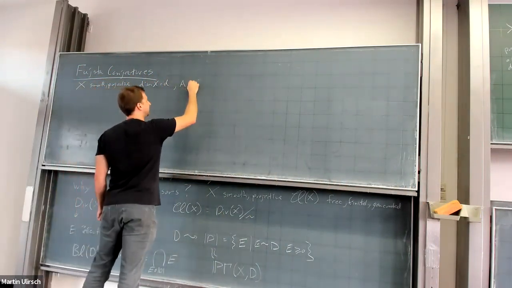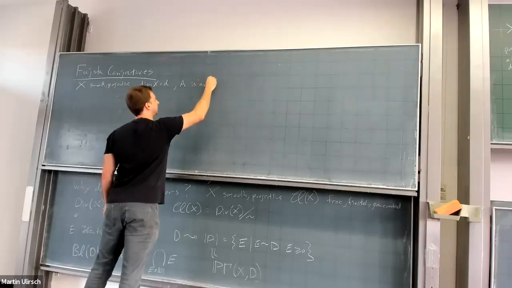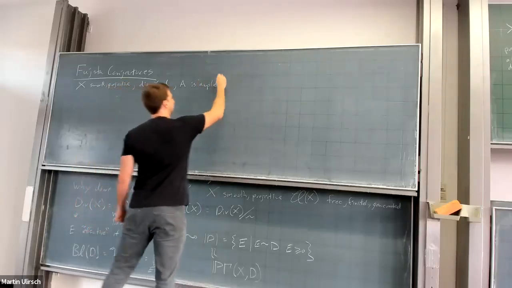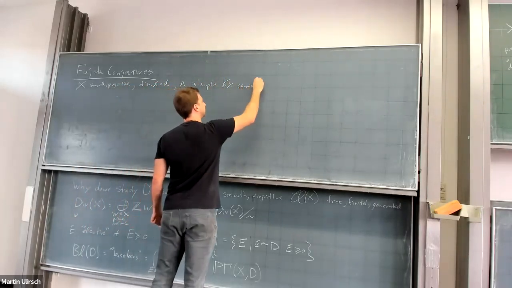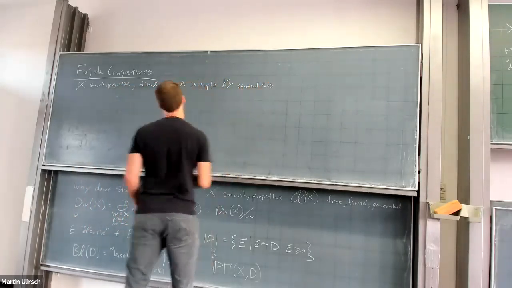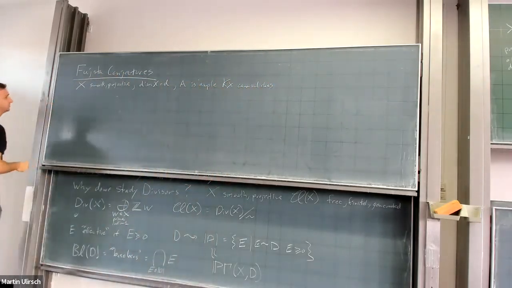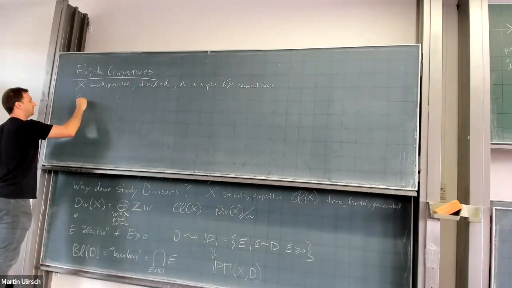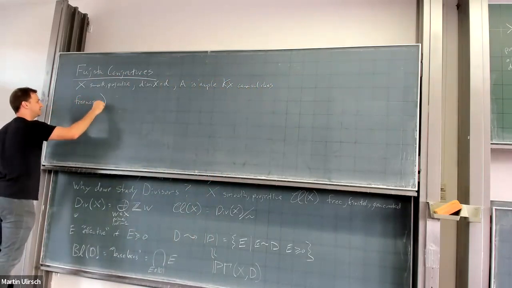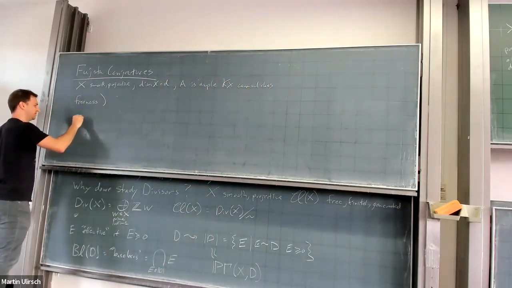A is going to be ample. And then K_X is the canonical class. There's two of these things. First one is freeness, and the second one is ampleness.